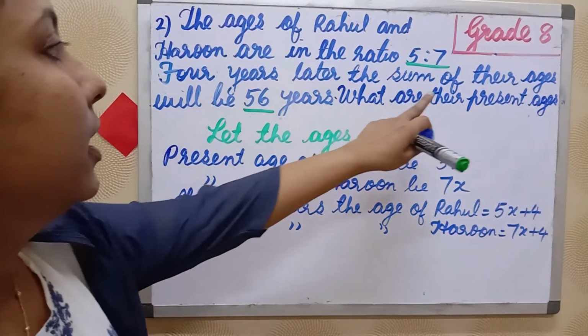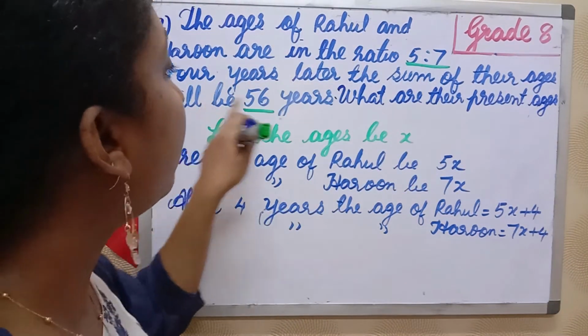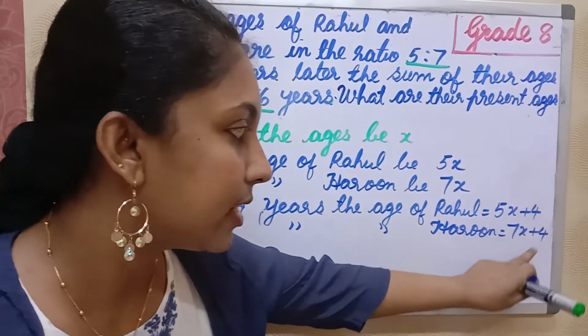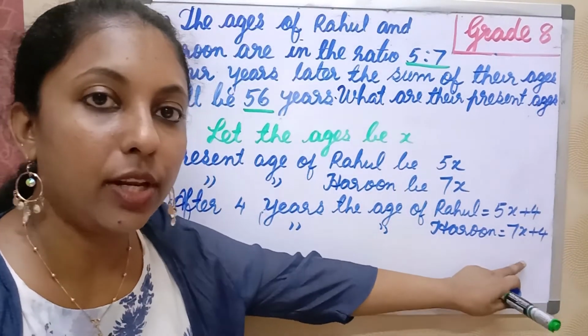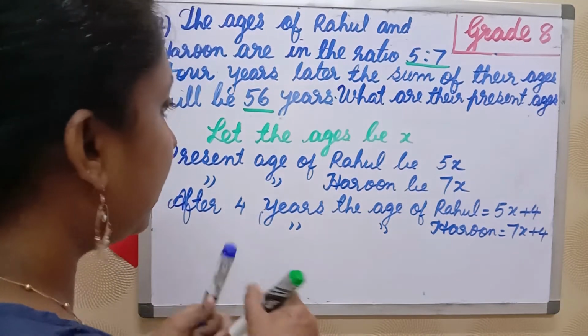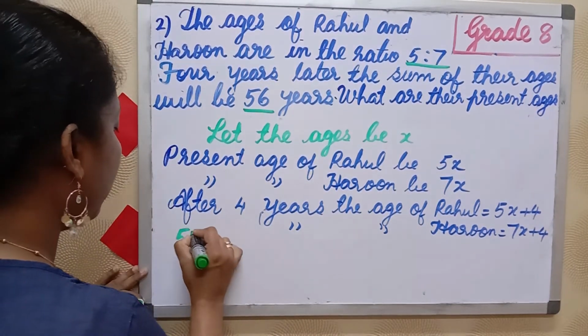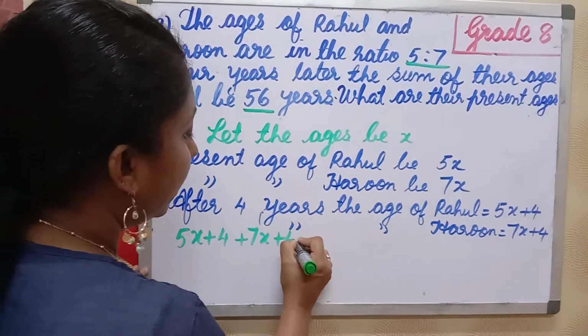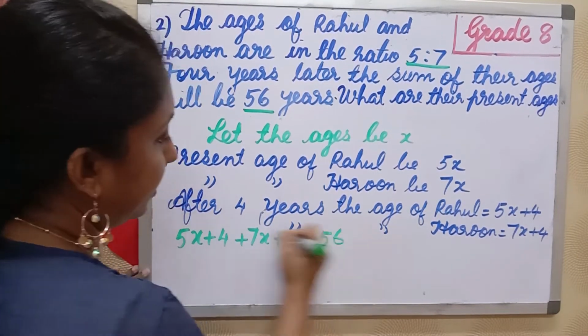Now, the sum of their ages will be 56 years. That is, after 4 years, the sum of these ages will be 56. That means 5x plus 4 plus 7x plus 4 is equal to 56.